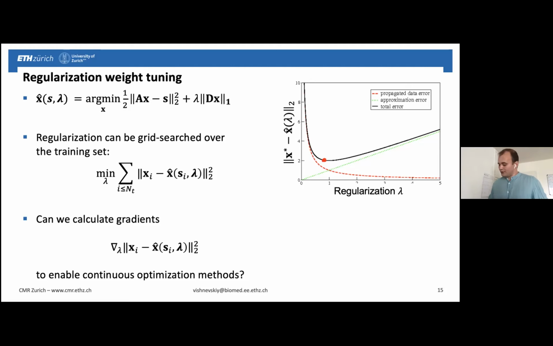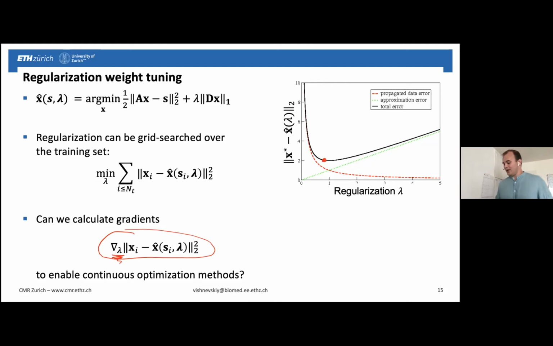So what we would like to do is to employ the methods from convex optimization by taking the gradient of the expected reconstruction error with respect to the regularization parameter that we are trying to optimize. Now, can we do that?